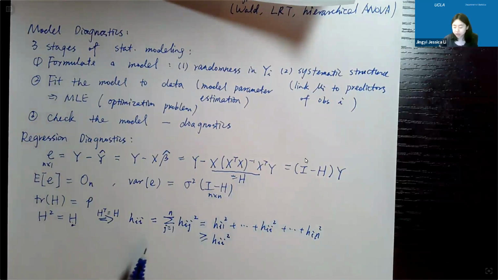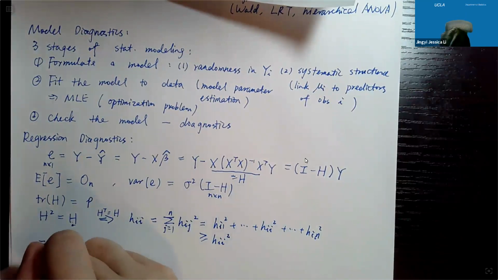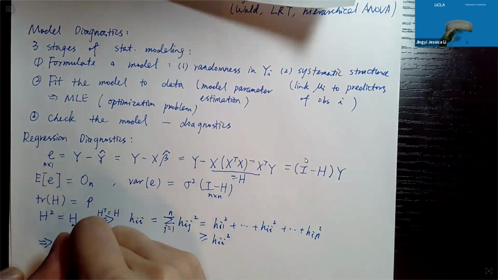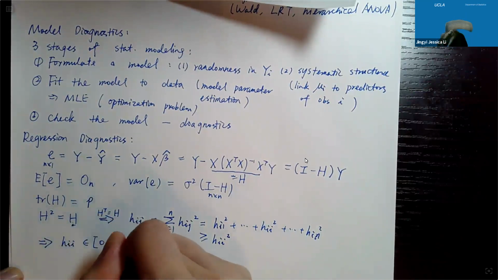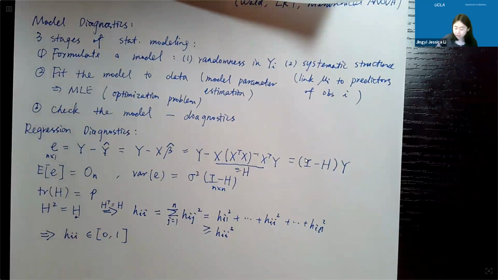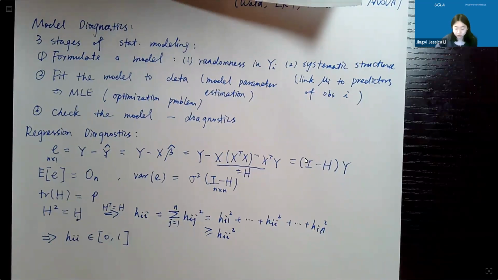So we have H_ii greater than or equal to its square. And this tells us something very interesting: H_ii is between 0 and 1. We can show first that H_ii is non-negative, and then use this to show that it's between 0 and 1.